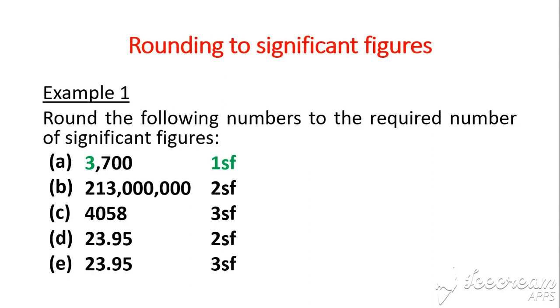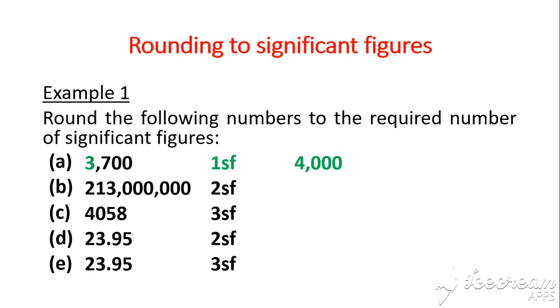But if we have a peek at the next number, if the next number is 5 or greater, then it's got to be rounded up. And it's a 7, so we're going to round the 3 up to a 4. And then we're going to fill up the rest of the places with zeros. Notice the 7 disappears and becomes a 0, and then we add on 2 more zeros as well. So 3,700 gets rounded up to 4,000. Remember, these zeros at the end are not significant.